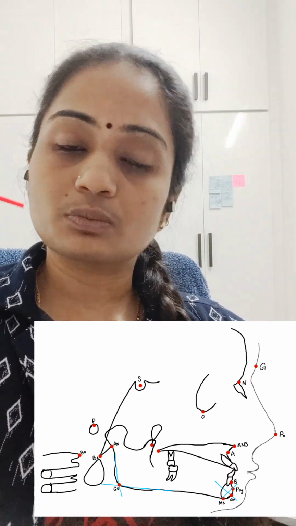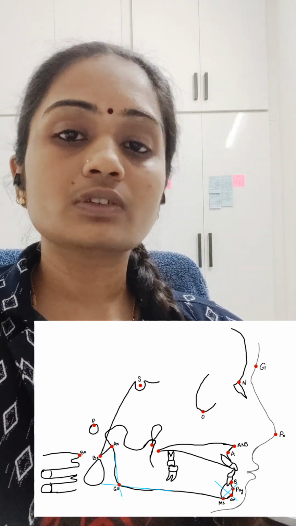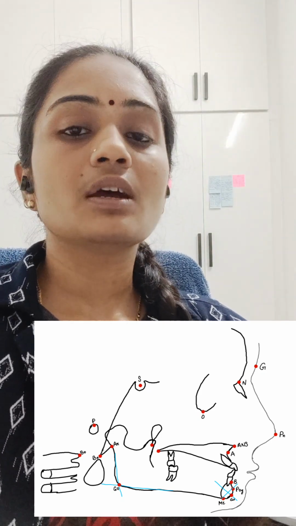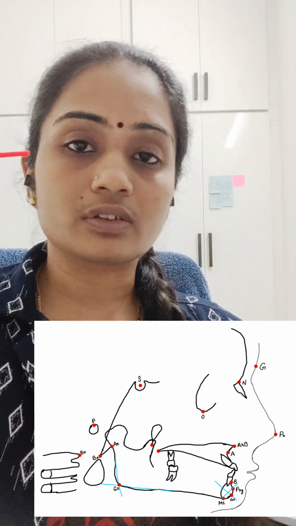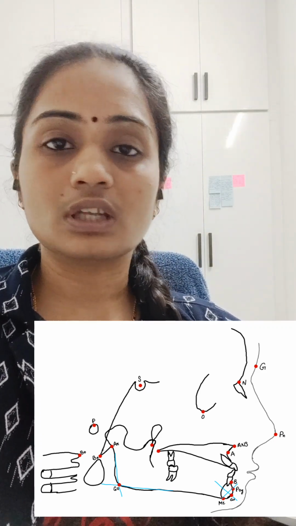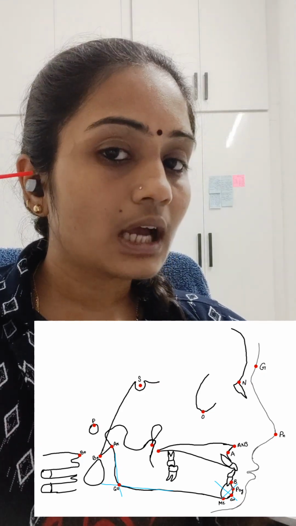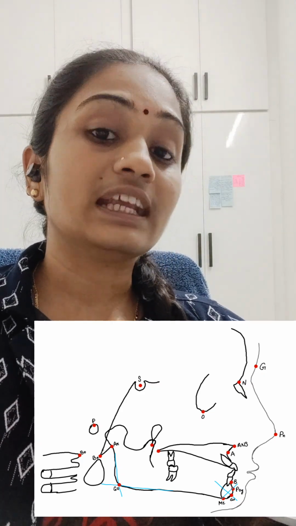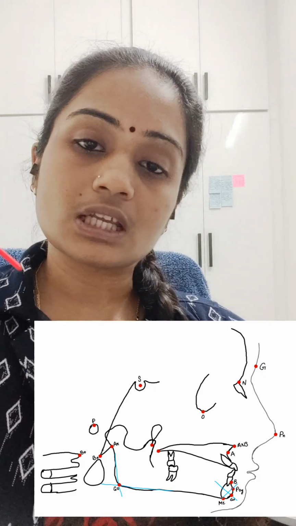Next is Bolton's point. Remember the O in Bolton's point. O resembles occipital bone. So this point is present in the occipital bone. It is the highest point on the condylar notch of the occipital bone. So that is Bolton's point. Next is Porion. Porion is the highest point on the external acoustic meatus. Okay, that is Porion. Next comes Sella.